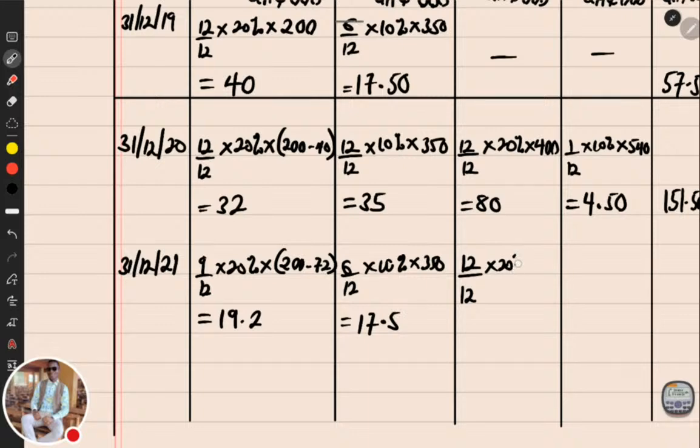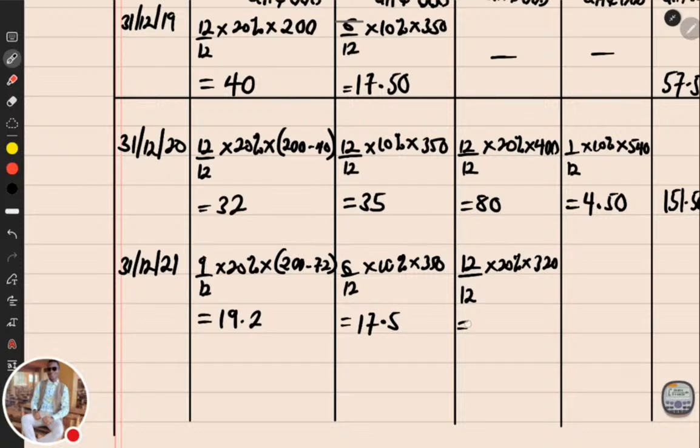And then multiplying the net book value. So we subtract 80 from 400. Whatever we get, we'll multiply by 20%, multiplying 12 over 12. So 80 from 400, you're supposed to get 320. Because of my space, I'll write it like that.